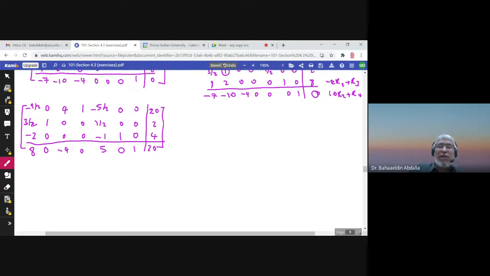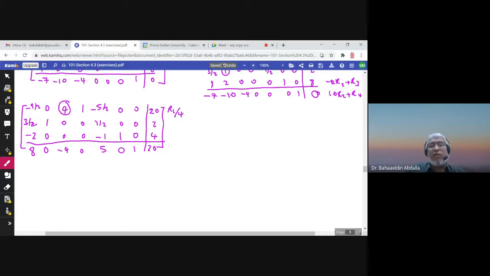This is not a final matrix because we have negative 4 here. But these numbers are zeros, so immediately the pivot entry is 4. And I divide R1 by 4. I have negative 9 over 2 divided by 4.